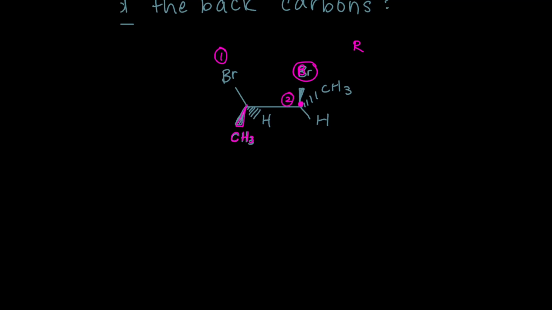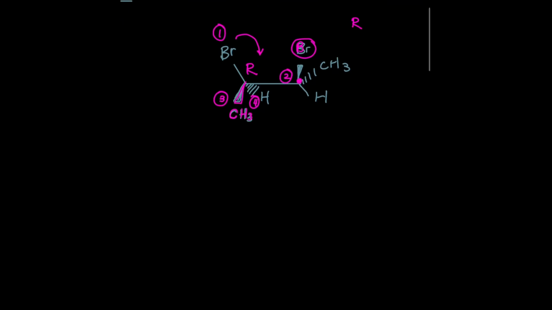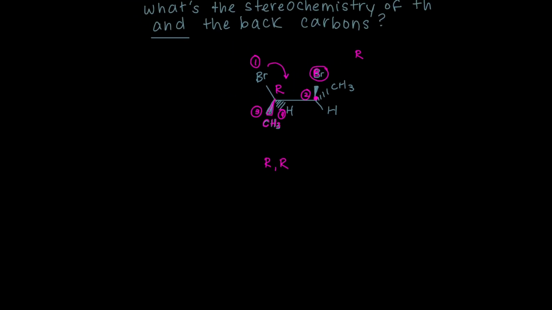So this is going to be 2. Well, this is going to be 3. And then this hydrogen's in the back, which is what we like. So you won't have any inversions, right? So then you go clockwise, which is also R. So this is an R structure.